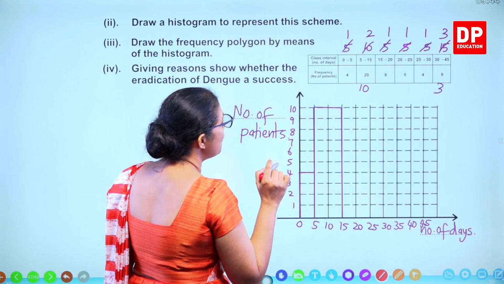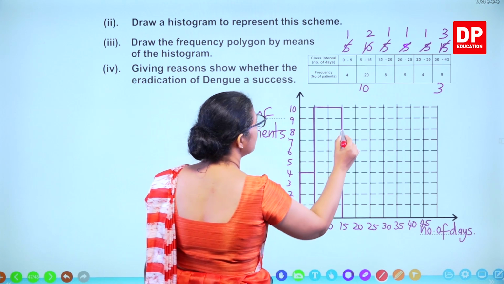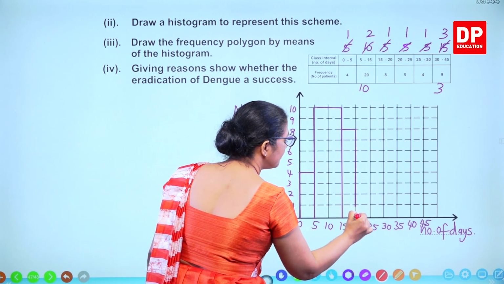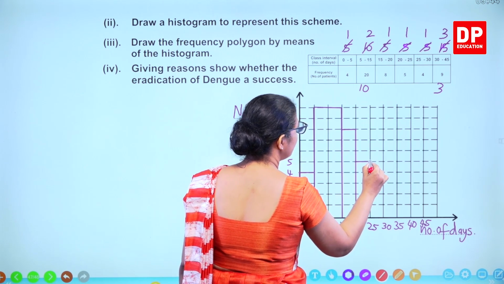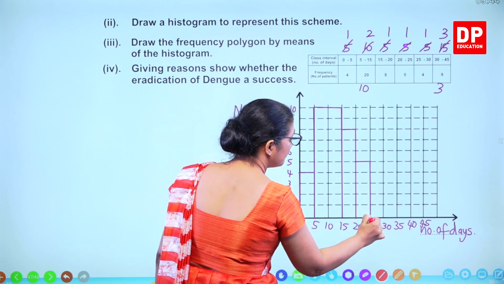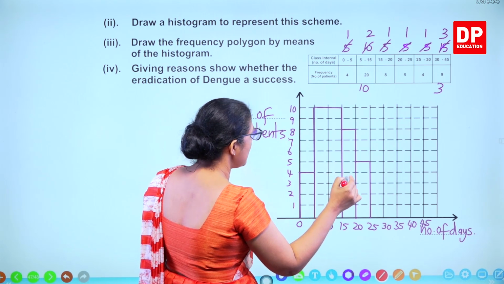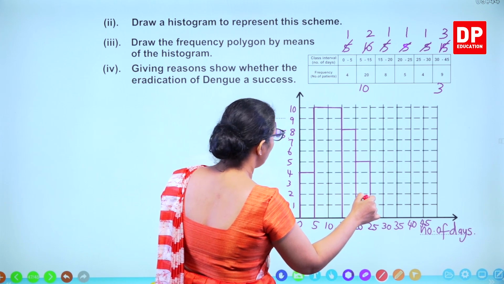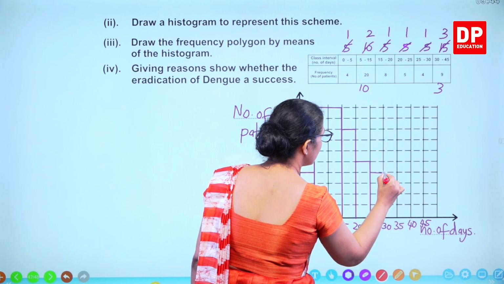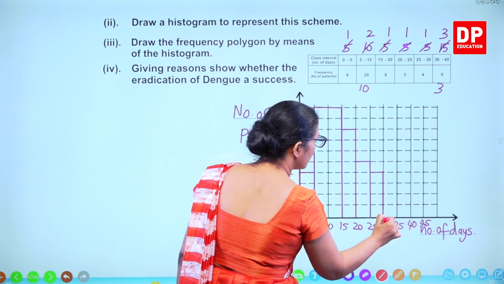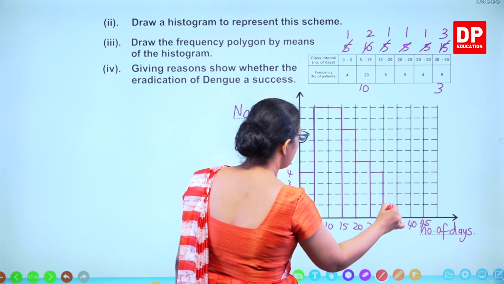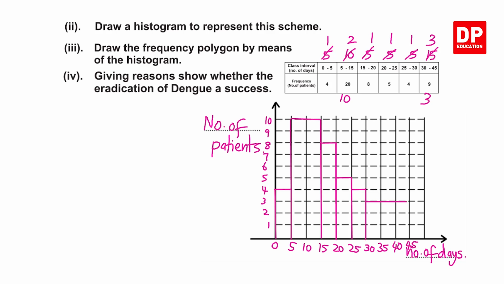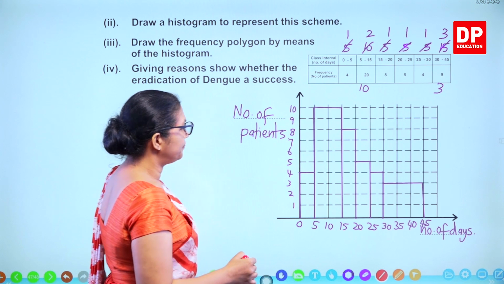Then 15 to 20, 8. 20 to 25, 5. 25 to 30, 4. 30 to 45, that's 3. So that's the histogram.